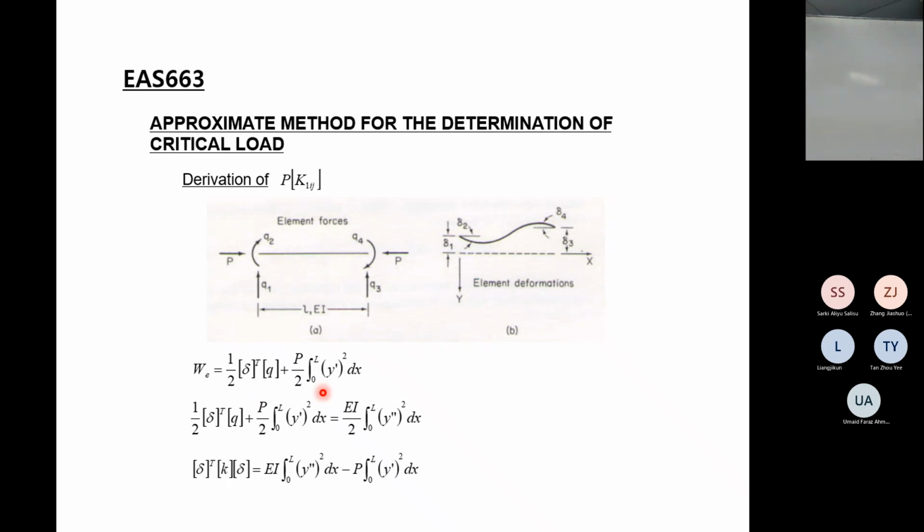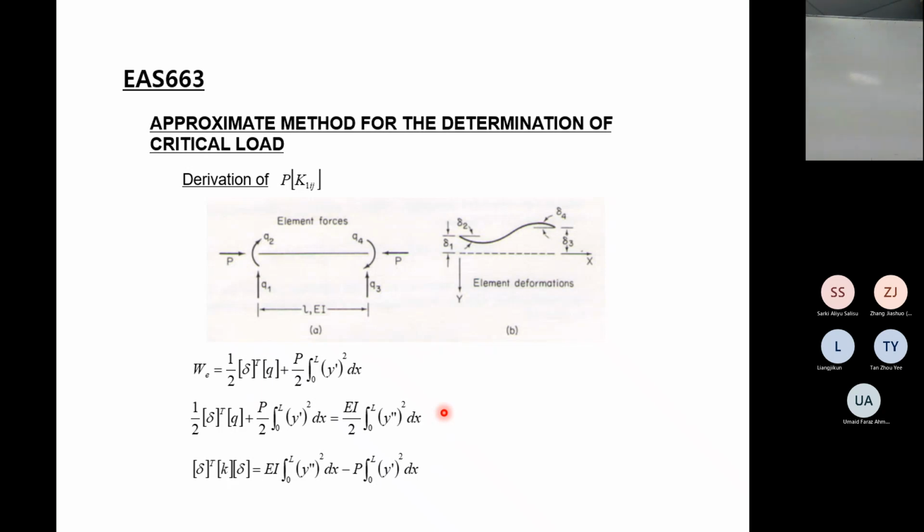This is the strain energy for bending deformations. So external work equals internal work, which is equal to strain energy. So this is the starting equation that we use. And because of that, the stiffness matrix is actually an energy method.